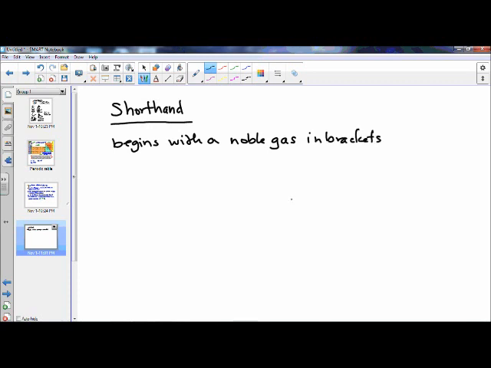So we're going to place the symbol for the noble gas in brackets. And then we're going to add the normal configuration from the noble gas we chose to the element.